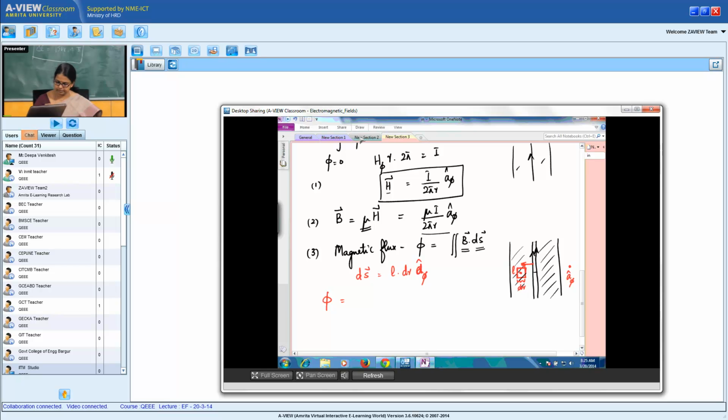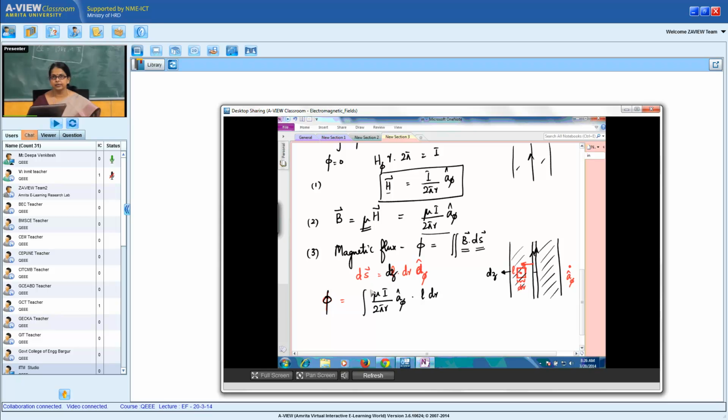This is mu I by 2 pi r a phi, which is my magnetic field, times dl dr. In fact, I can say that this is dz because I have considered an elemental area.